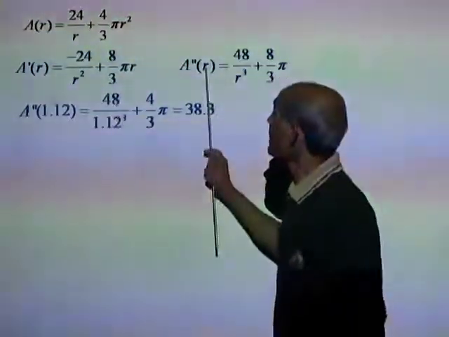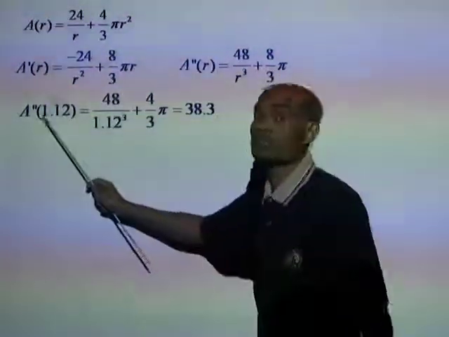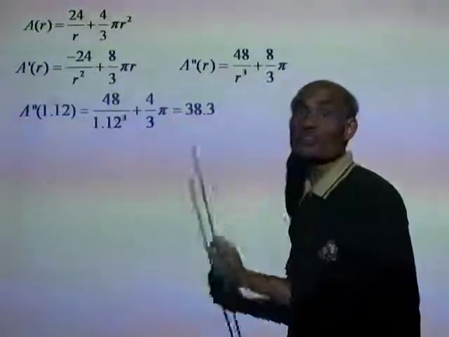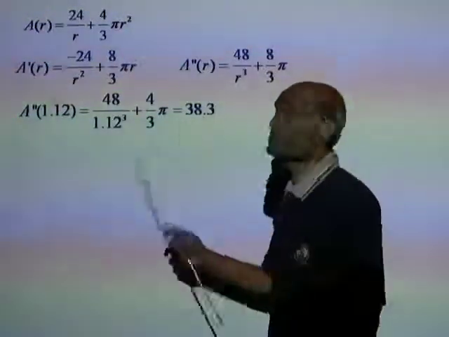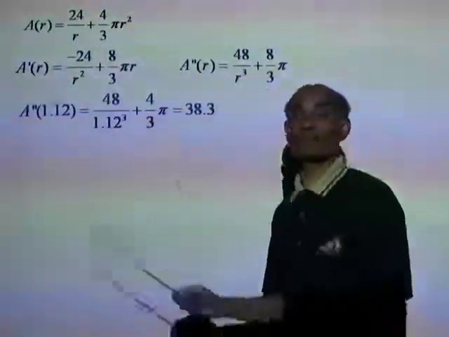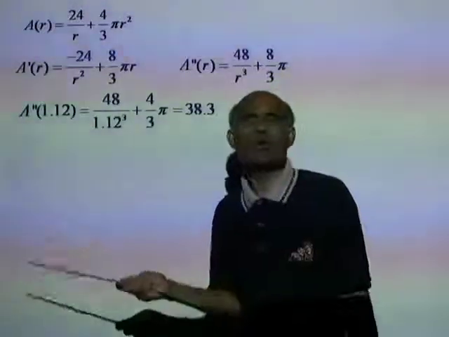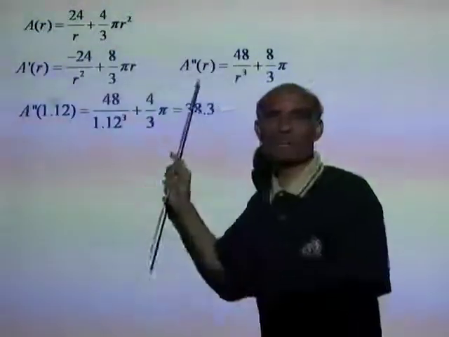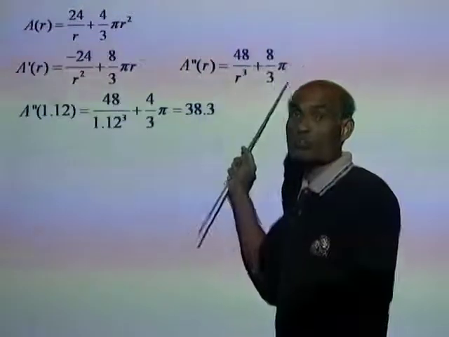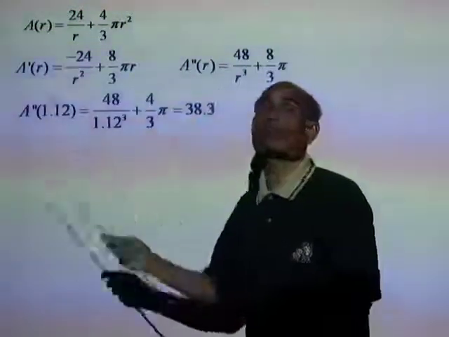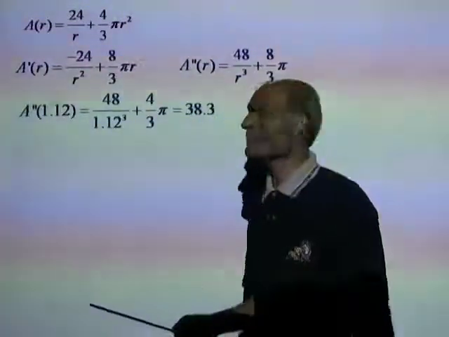And when r equals 1.12, the second derivative is 38.3, which is a positive value. In fact, r can only have positive values. And because of that, this quantity will always be positive for all values of r.